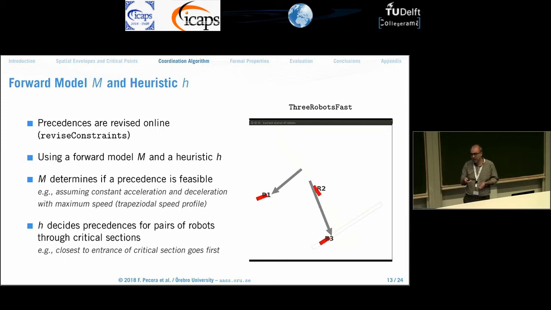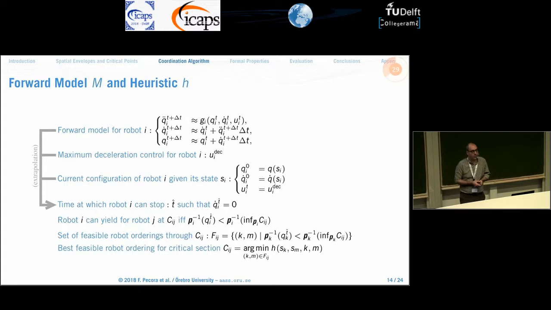How do we do that? Well, for that, it's relatively easy to see that we could use a forward model and compute whether or not a particular ordering can be imposed on the fly. This is not difficult if you use a simple but conservative forward model of the robot dynamics. In the paper we show an example where we use a constant acceleration-deceleration forward model, and how this can be used to define the set of at most 2 possible orderings in every critical section.